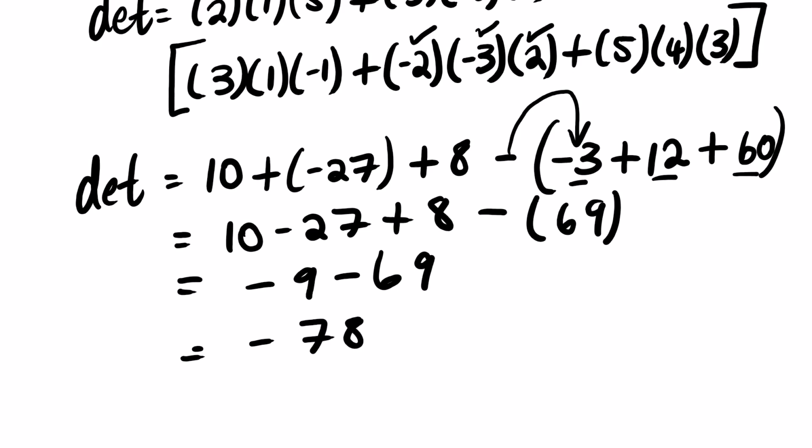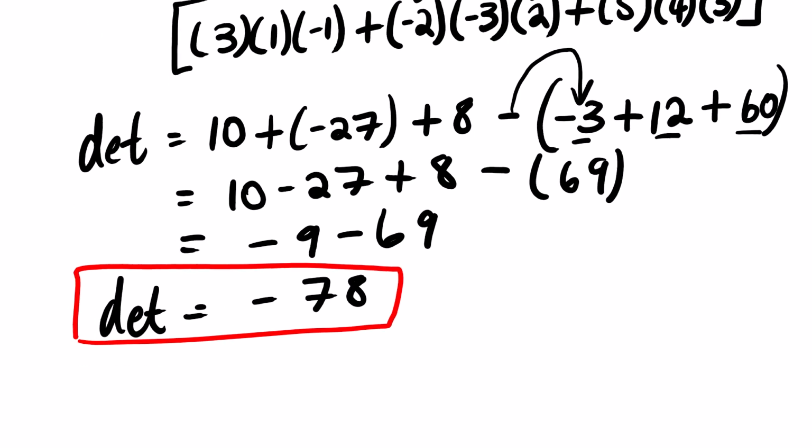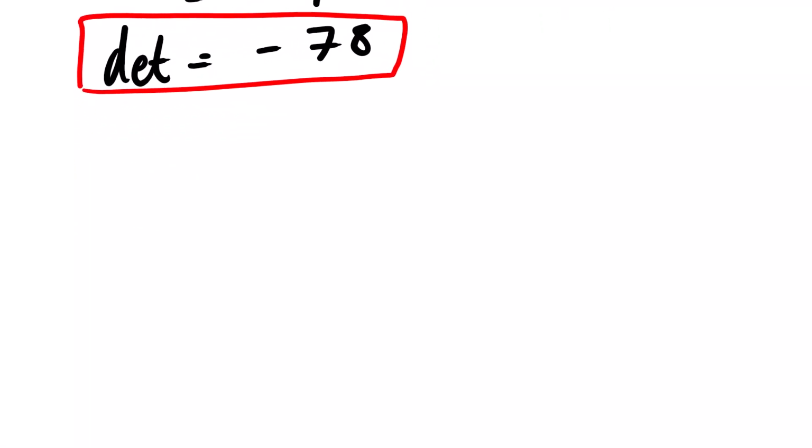You can see that our determinant is not 0. So in this case, we can continue applying Cramer's rule. Basically, with Cramer's rule, we just calculate the determinant throughout.